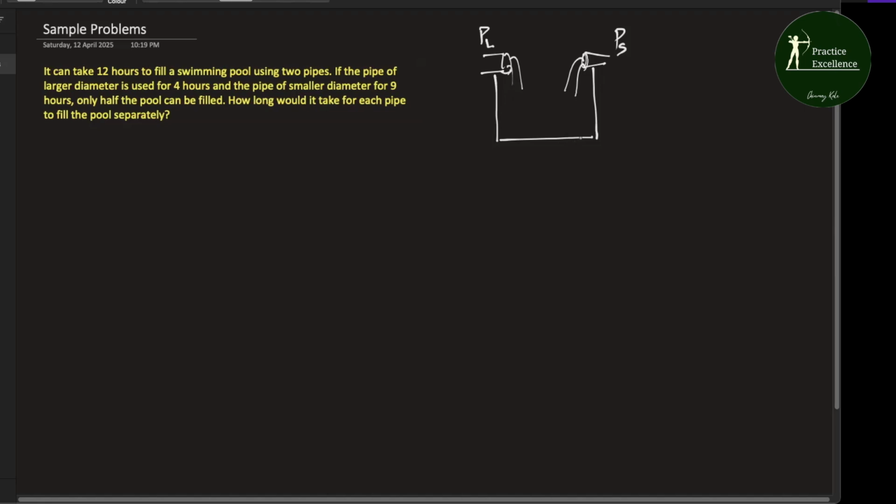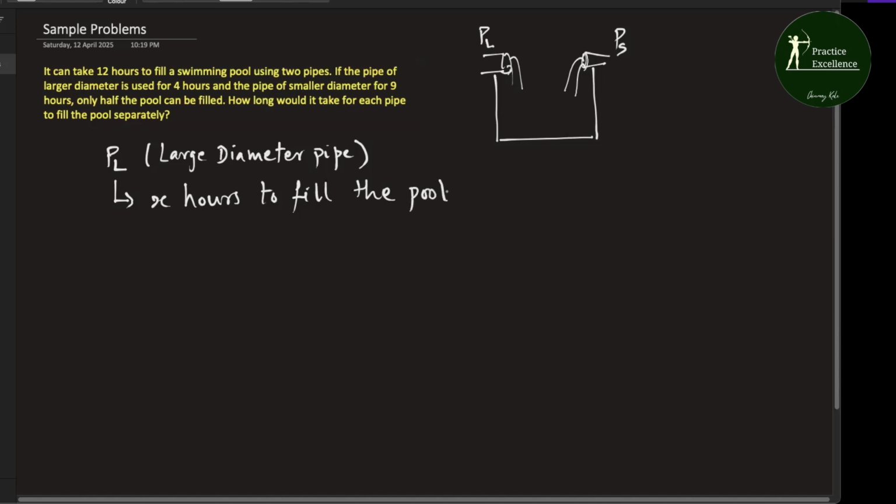So these are the two variables which we need to consider, right? So let us look at the larger pipe, which is the pipe with larger diameter. Let us assume that PL takes X hours to fill the pool, right?